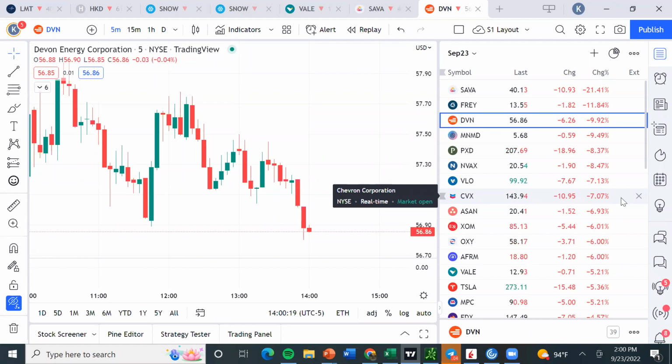Tesla is also very bearish, but generally it can suddenly move. So that's why I generally avoid Tesla.